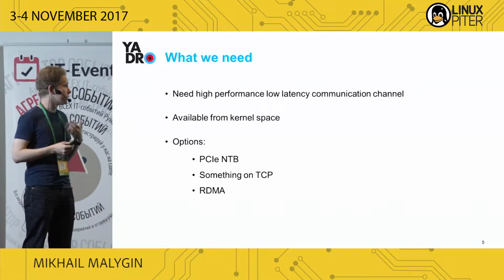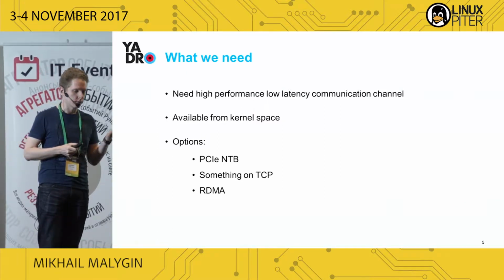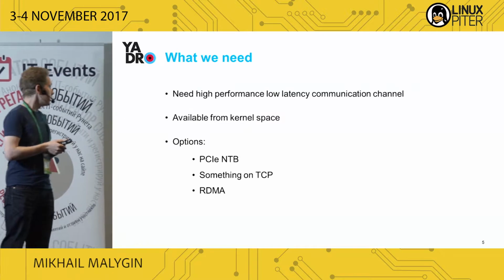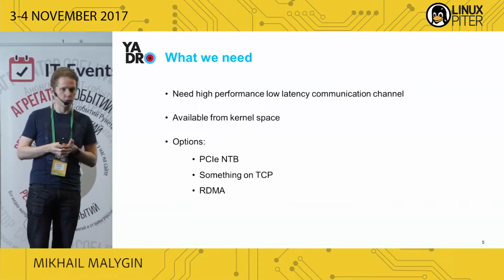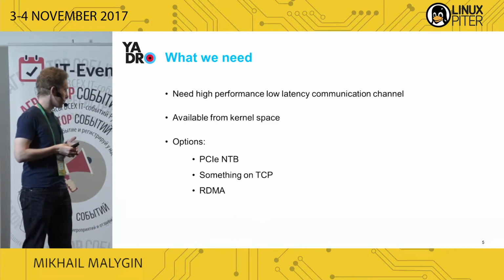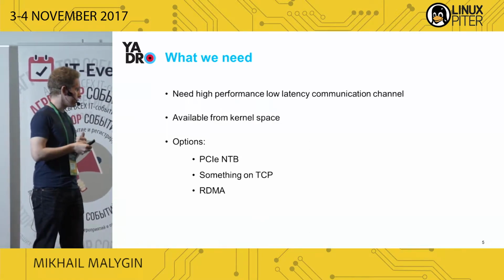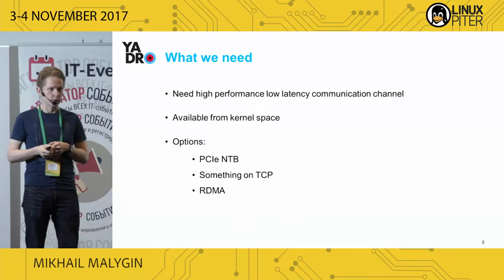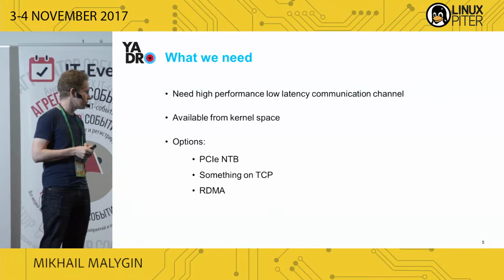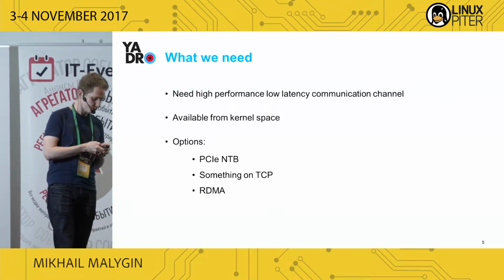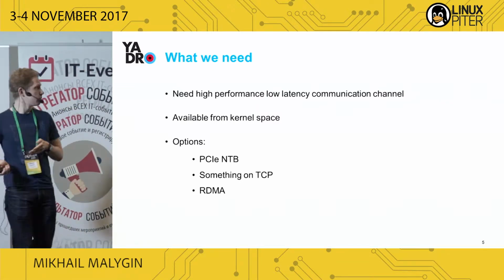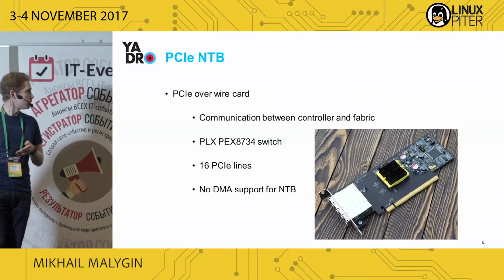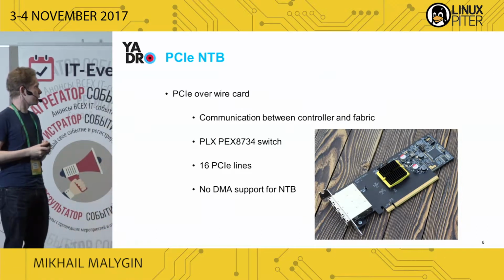All these components live in the kernel, so all these mechanisms should be accessible from the kernel without going out to user space. We had a couple of options. We could take PCI NTB or something on TCP, but we left that for later if we did not succeed, and RDMA was an option. So we did not begin with RDMA.